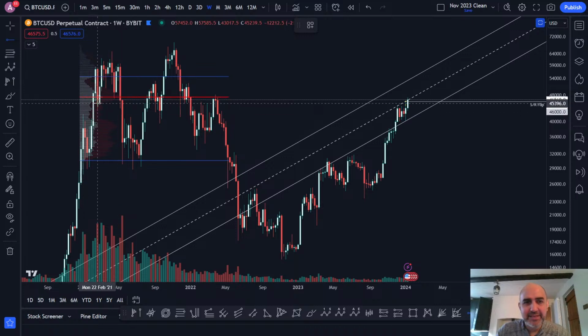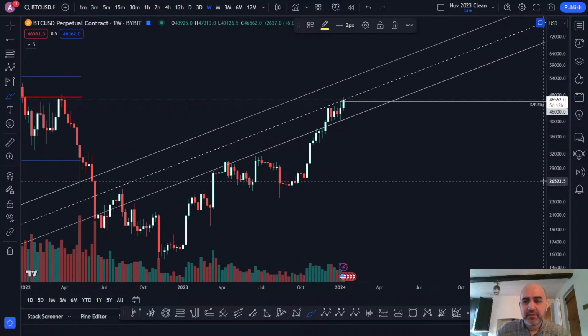We're just basically underneath the point of control on the Bybit Bitcoin chart. So right now we're into resistance on Bybit, right? And this value area high is coming in at 54,643.